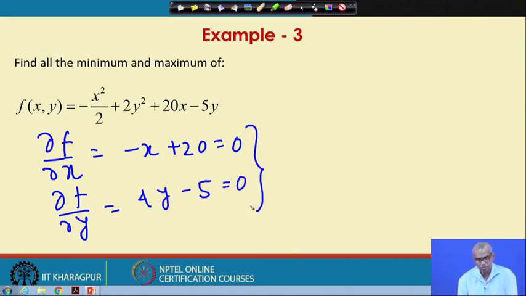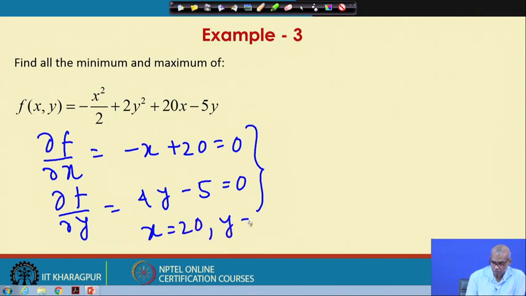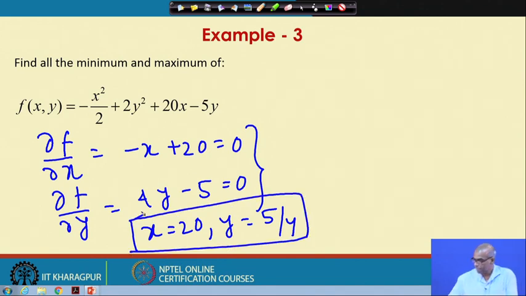So, this is straightforward to solve. x equal to 20 and y equal to 5 by 4. So, again you have a single stationary point at x equal to 20 and y equal to 5 by 4.